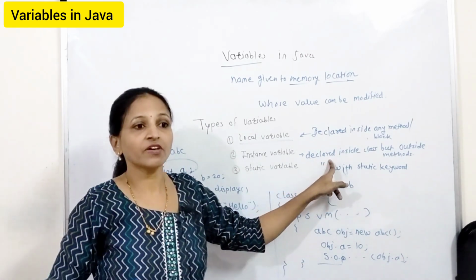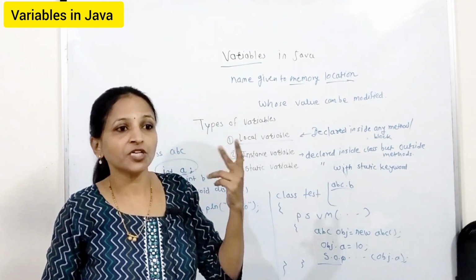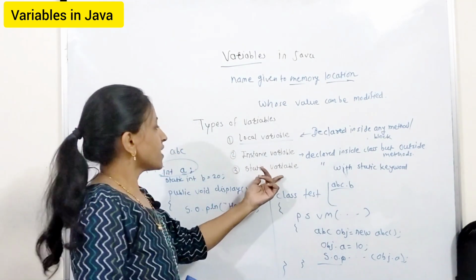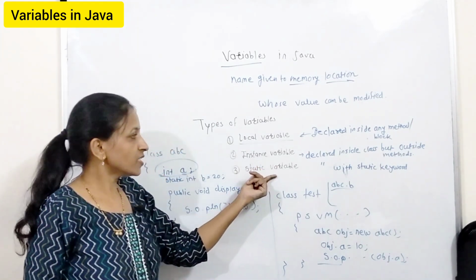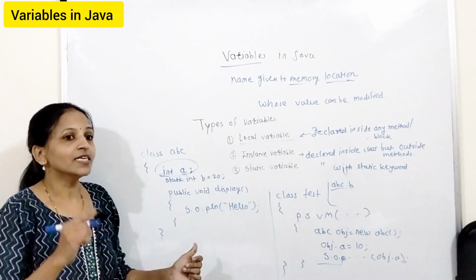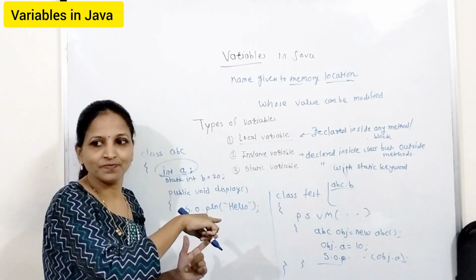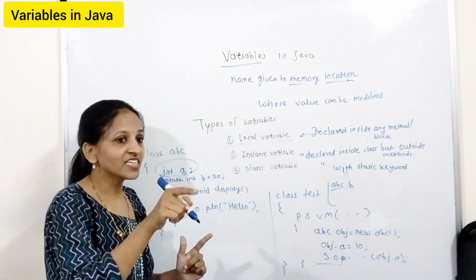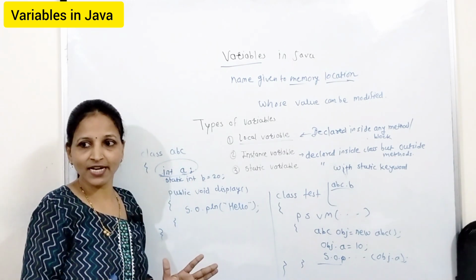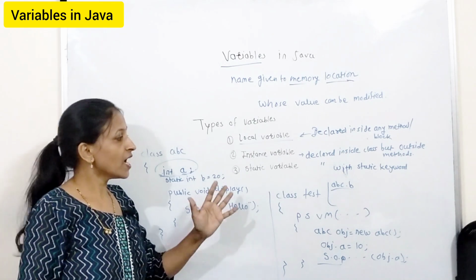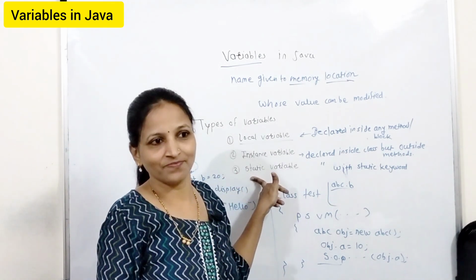In case of instance variables, you have to access those variables using object dot. It is compulsory. Static variables are also called class variables, and those are nothing but variables declared inside the class, outside all the methods, with the static keyword. And static variables are common to, or shared by, all the objects of that class. We have to access those static variables using class name dot.